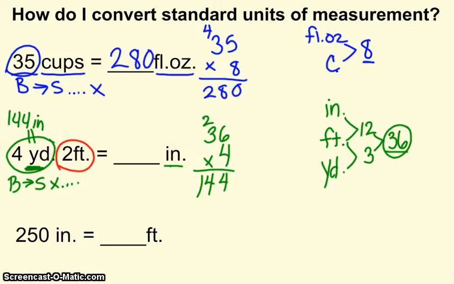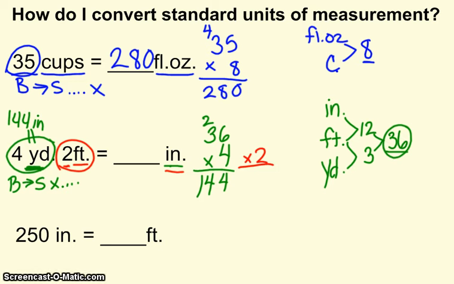So again, small to big or big to small? I'm going big to small. So I'm going to multiply it all, being 2. So I'll set this up, get ready so I don't forget later. And I'm going feet to inches.